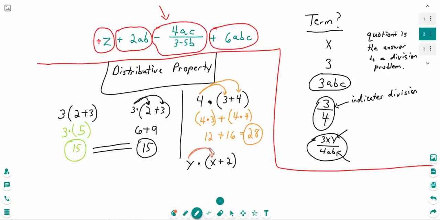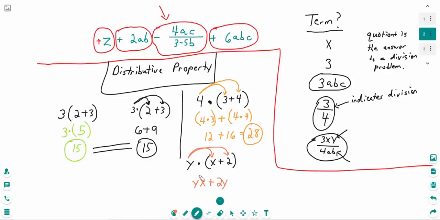And then we take that y, multiply it by the positive 2. Okay, so y times x is what? Well, we don't know what y or x are, so it's just yx, the indicated product, yx. All right, and then we're adding that, again, always adding, y times the next number, which is a 2. Well, we're going to write the coefficient first, so we're going to say it's 2y.